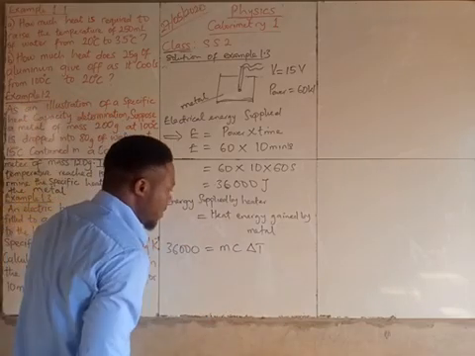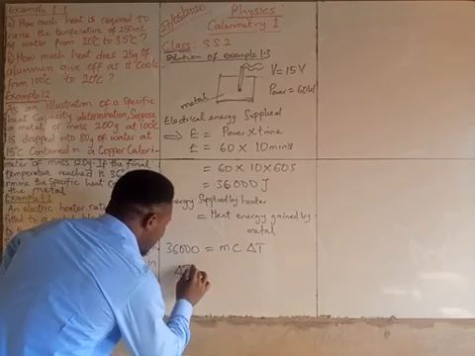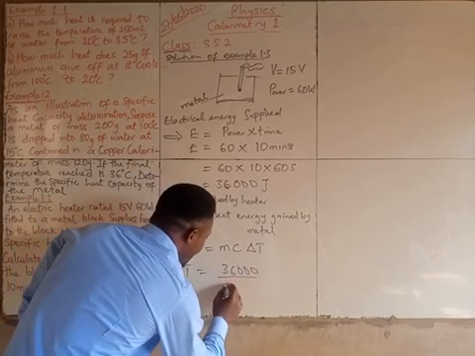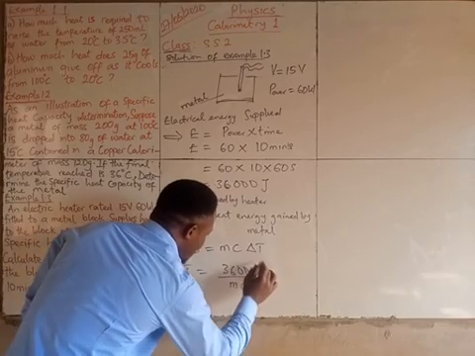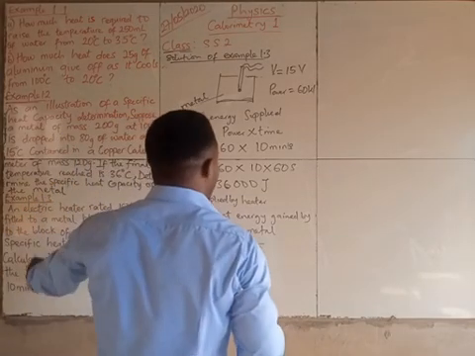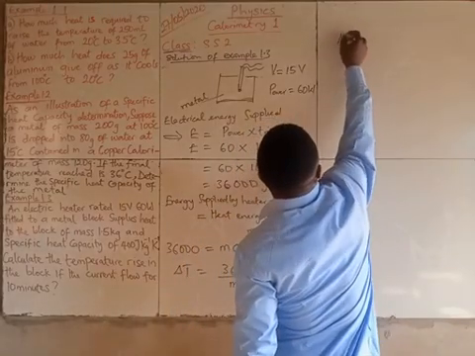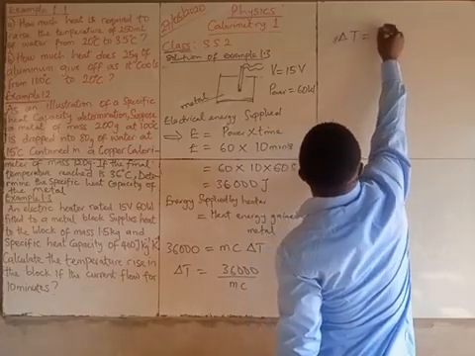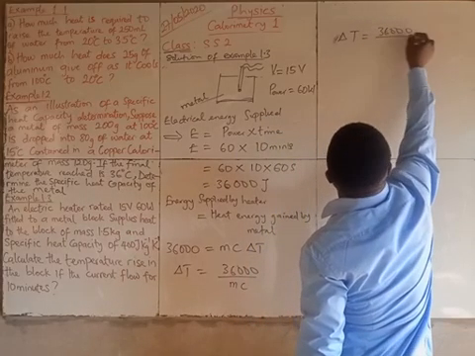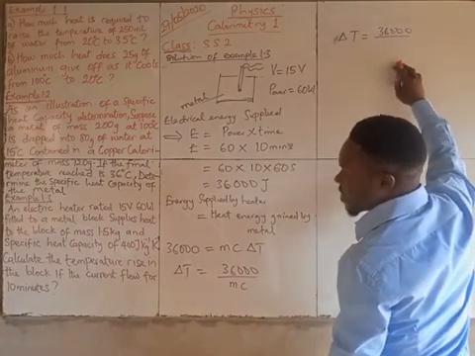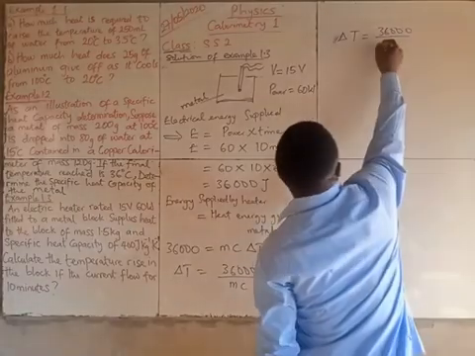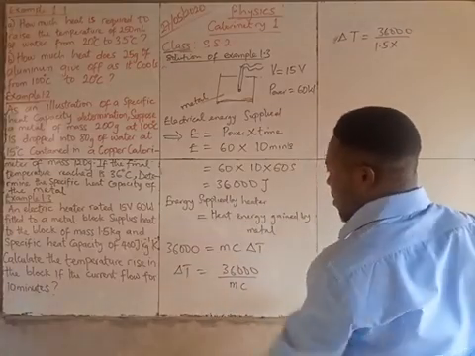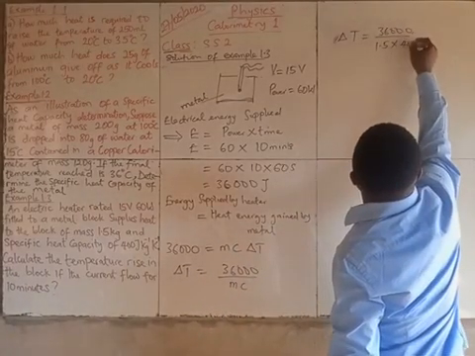We are looking for delta T. It means that delta T is equal to 36,000 all over mass of the metal times C of the metal. From the question, the change in temperature of the metal will be equal to 36,000 all over the mass of the metal, given to be 1.5, times the specific heat capacity of the metal, given to be 400.